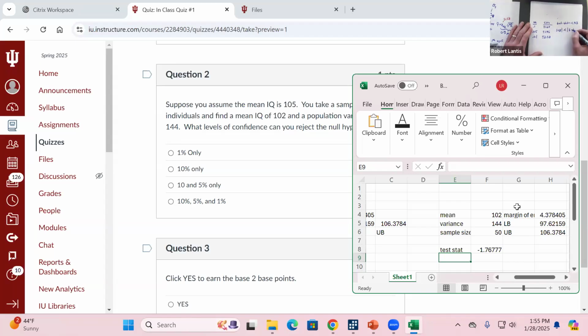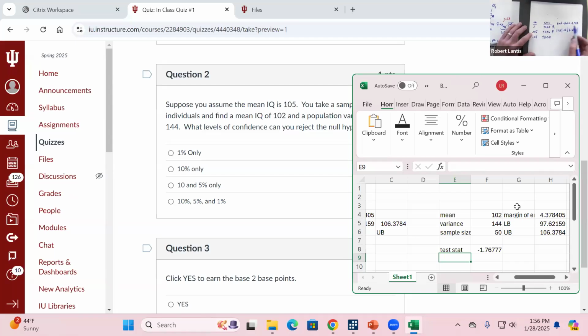So I will reject if the absolute value of my test statistic is greater than the absolute value of my critical value. So is negative 1.77 larger in absolute terms than positive or negative 1.65? Yeah, so I would reject. What about 1.96? Not quite, so I would fail to reject.